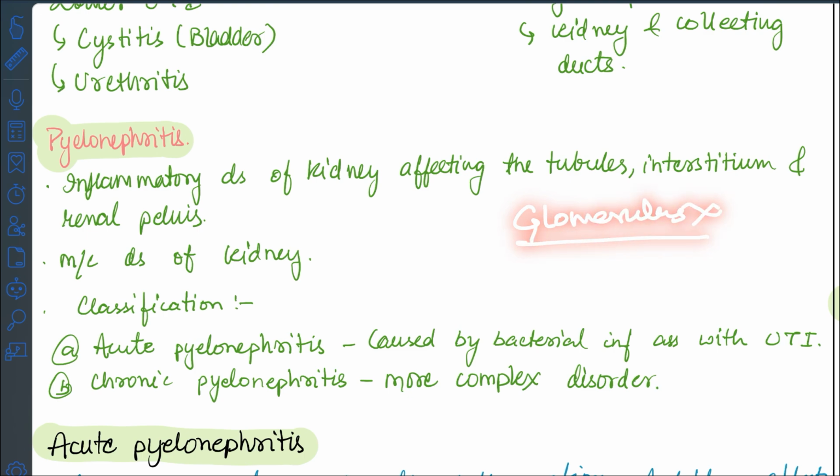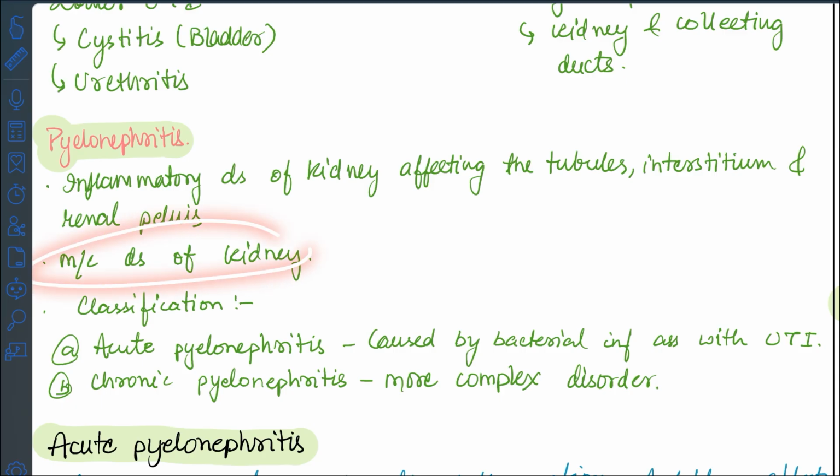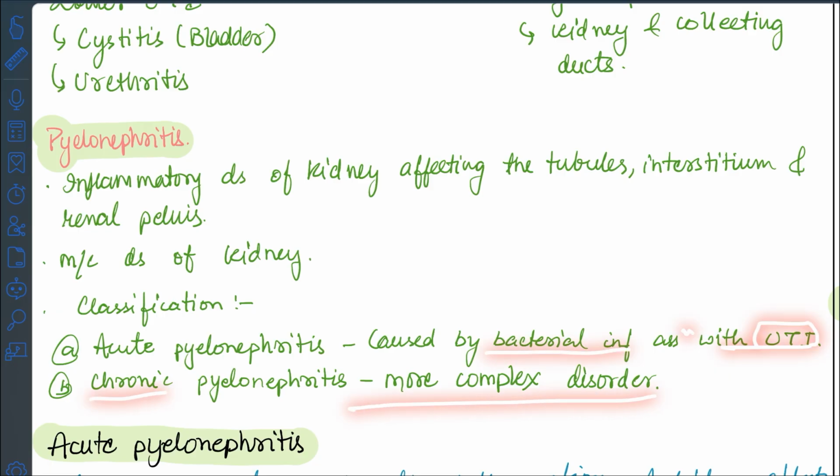Till now we were learning about glomerular diseases, the glomerulopathies and all. Now we have moved to the other part of the nephron. The most common disease of the kidney is pyelonephritis. It can be classified into acute and chronic. Acute is caused by bacterial infection, which is associated with UTI, whereas the chronic is a more complex disorder.